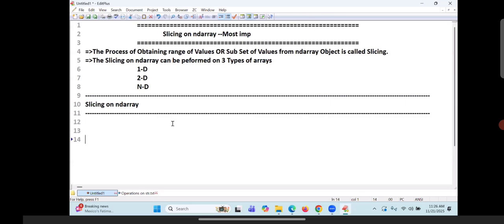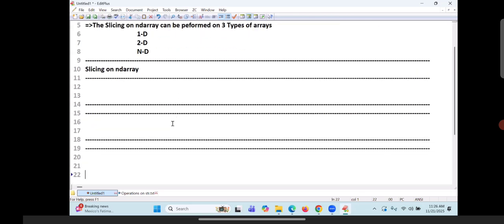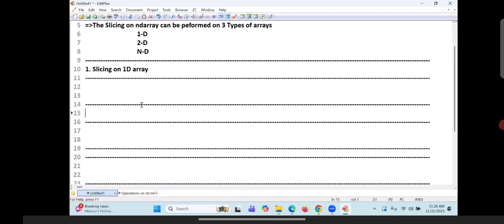Next is slicing on 2D. The syntaxes you have to remember. Don't memorize the subject blindly. Slicing on 1D I am going to take. 1D array. Slicing on 2D. So let me put the subheadings, so you'll get the clarity on that. This is called 2D.